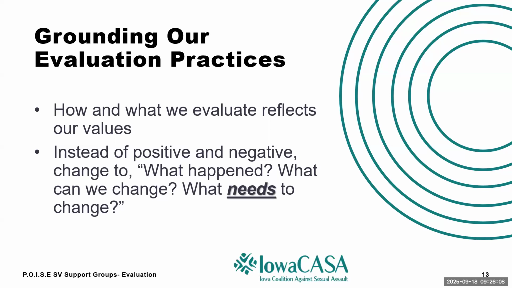So if we're only doing evaluations in order to give people awards or to punish them, then people are only going to associate evaluations with rewards or being punished. So instead of doing evaluations and only viewing them as good or bad, we need to make it a regular practice that is grounded in wanting to do better and how we can make informed changes that need to happen.